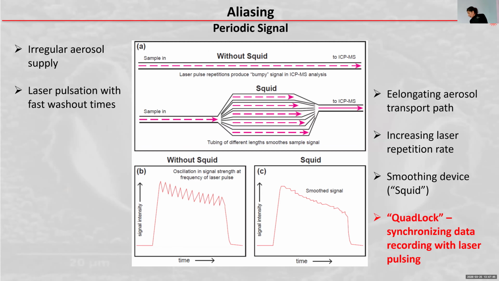So one thing that I meant to mention is aliasing. I just recently learned about that and got super fascinated, because at the beginning I was very skeptical. I knew about it beforehand because we are using this so-called squid. Aliasing basically means a periodic signal, and the periodic signal stems from the laser shooting in pulses. I'm not talking about the internal pulse of nanoseconds.